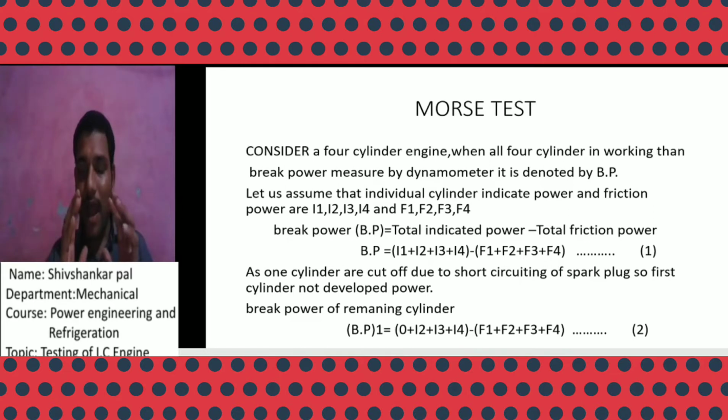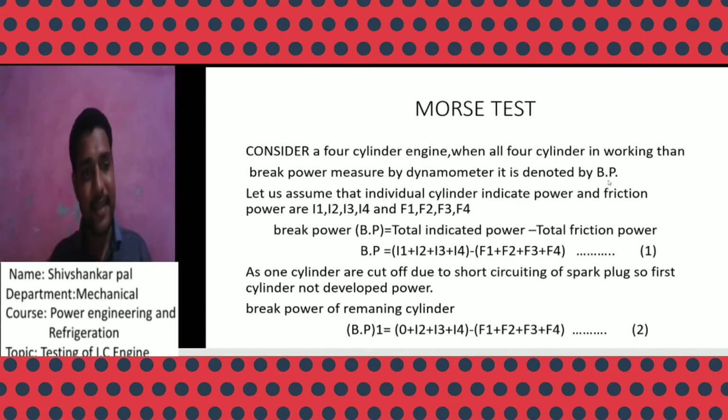In this Morse test analysis, consider a four-cylinder engine. When all four cylinders are working, the brake power is measured by a dynamometer. It is denoted by the brake power.